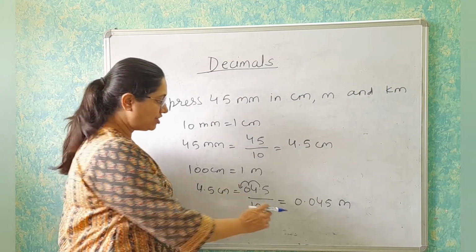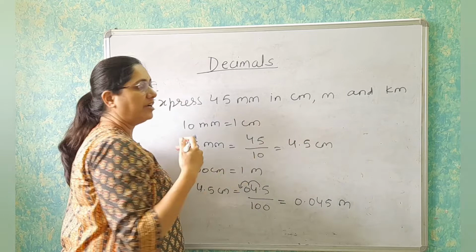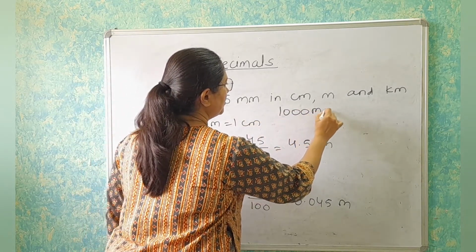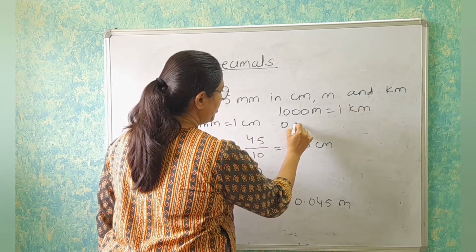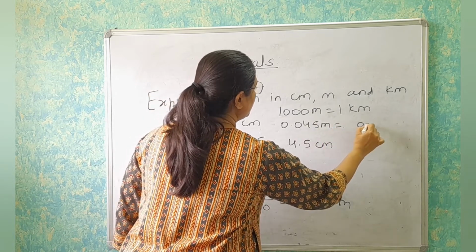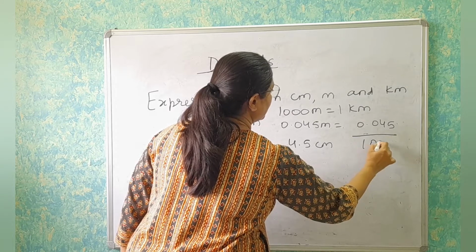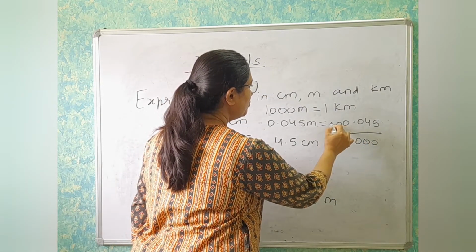Now I have to change 0.045 meter into kilometer and you know that 1000 meter is equal to 1 kilometer. So 0.045 meter will be equal to 0.045 divided by 1000. It is just 1 zero but I have to put 2 more zeros.